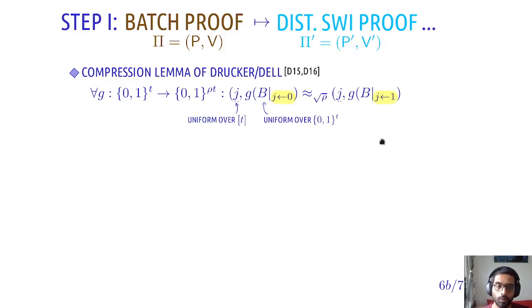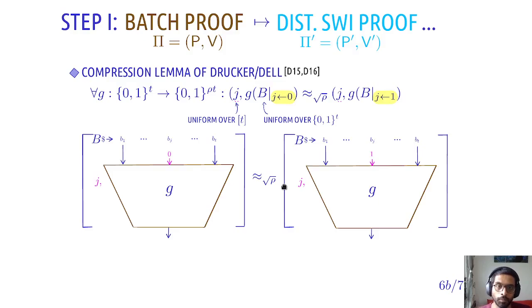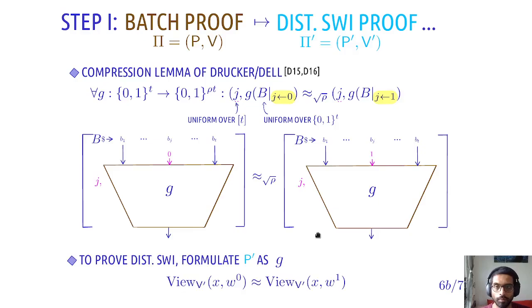Intuitively, it just says that when the function is compressing, the output distribution of the function on randomly sampled inputs is insensitive to random locations. That is the intuitive meaning of the lemma. You can view this pictorially as below. Here you have a randomly sampled B, which is passed as input to the function G with the jth location set to 0, and here set to 1.